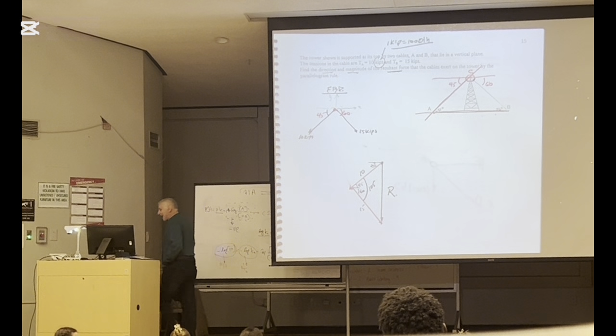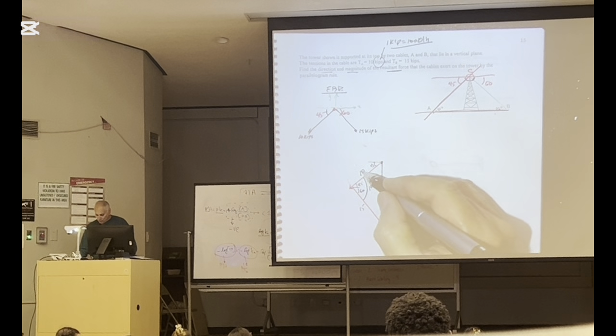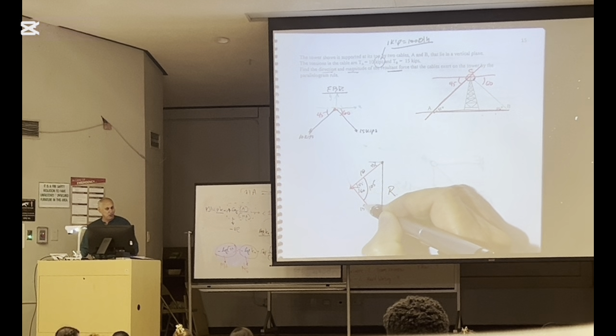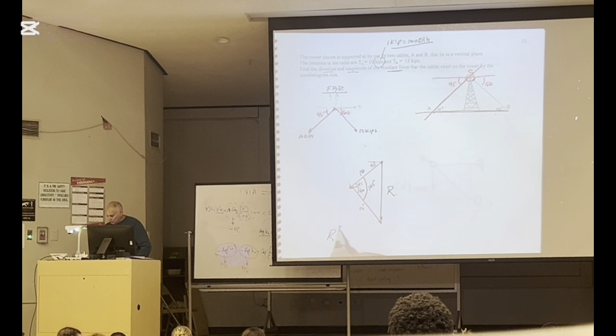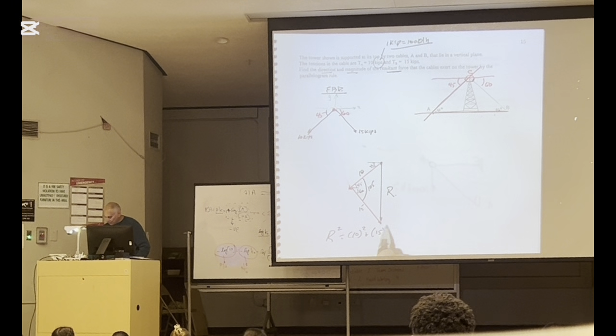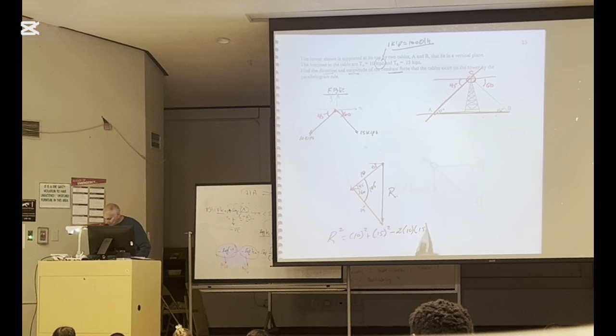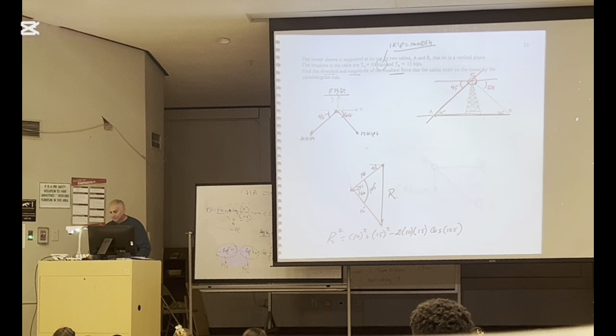Law of cosine says, if you have two sides and the angle in between, which is called the included angle, my r squared is equal to 10 squared plus 15 squared minus 2 times 10 times 15 times the cosine of the angle in between, which is 105.